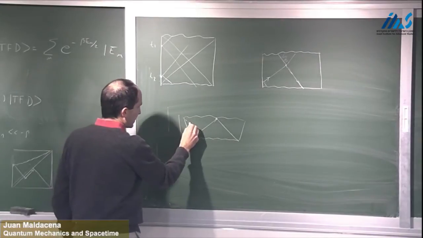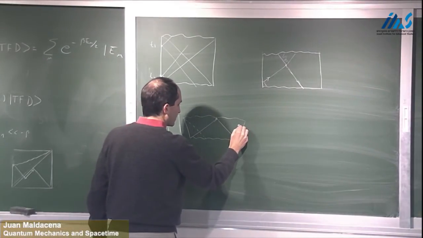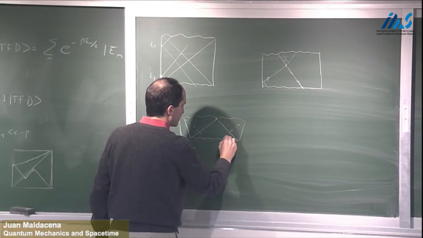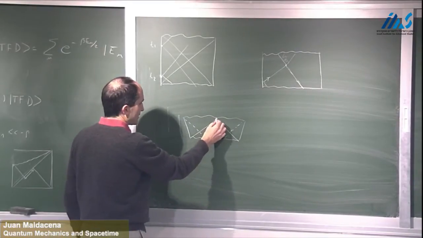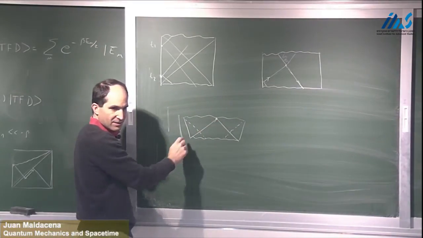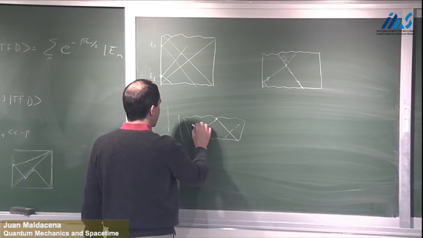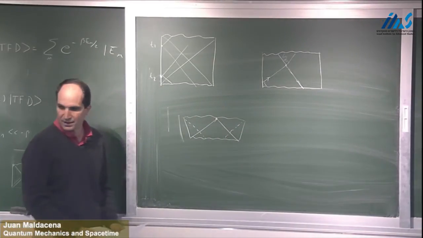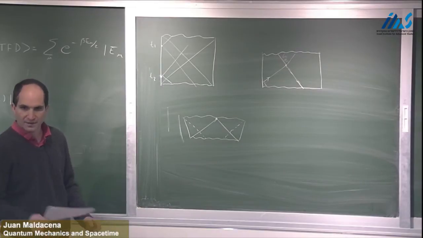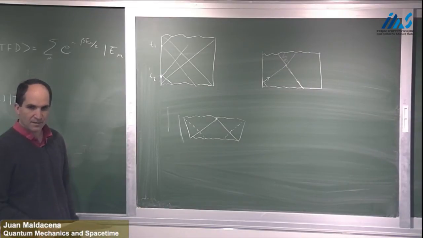And the important point here is that now if we draw the horizons, these are almost null lines, so they almost coincide with the horizons, this one here. So this is the exterior of one black hole, and this is the exterior of the other black hole. Okay? Yes, go ahead.